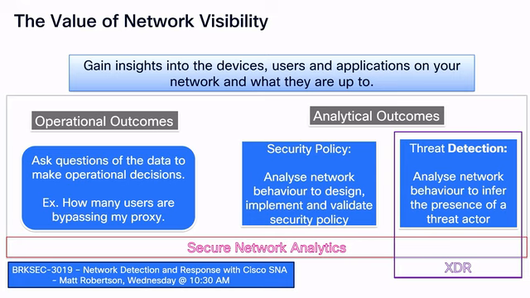SNA, which has existed for a long time and was formerly called StealthWatch, has a number of different sets of outcomes on top of the data, and I'll talk more about these later in the week, whereas XDR analytics is solely focused on threat detection. It is taking the data in, doing analytics, and arriving at threat detection, as opposed to all of the other wonderful things SNA does around network visibility, querying, segmentation, and so on. We'll talk more about that in my 3000 level session later in the week.